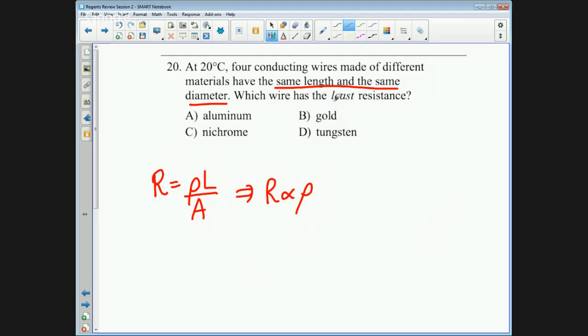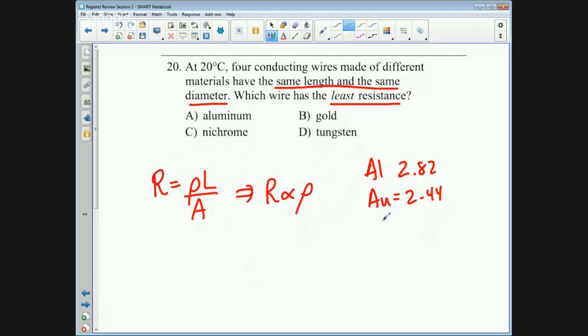So we just need to figure out the least resistance. We need to figure out the least resistivity. So if we look at it, aluminum has a value of 2.82. Gold, which is Au, I think, has 2.44.